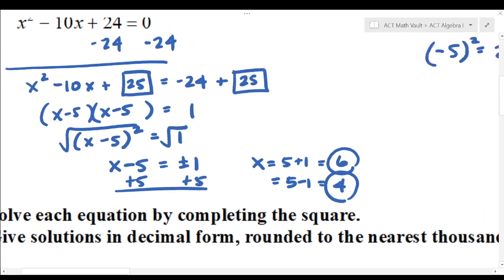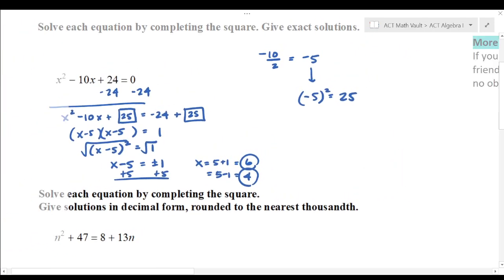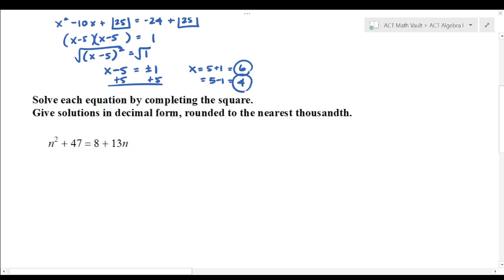Then you might be working with an answer later on where you have, let's say, 3 plus root 19 and 3 minus root 19. Well, those are exact answers. You wouldn't actually plug those in the calculator to get the rounded version. And then we will practice the rounded decimal version in the second problem here. So just to note the difference.